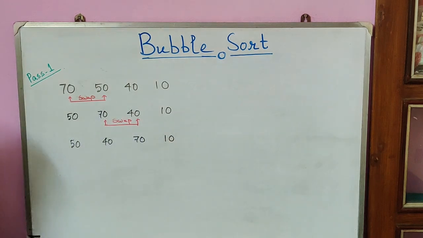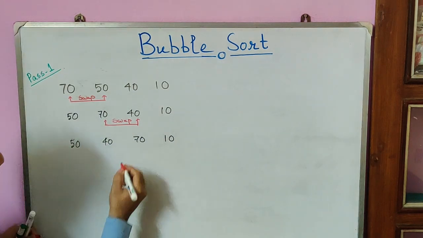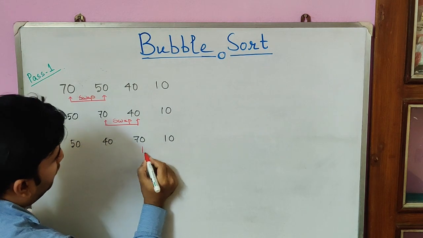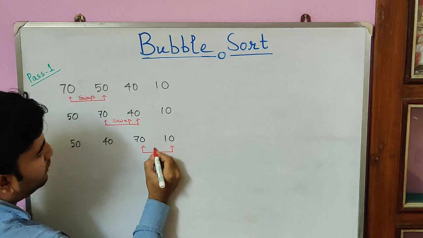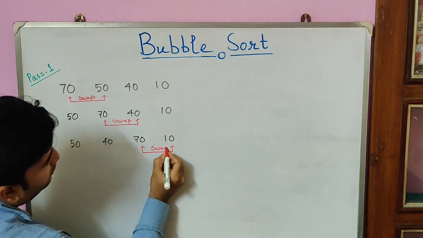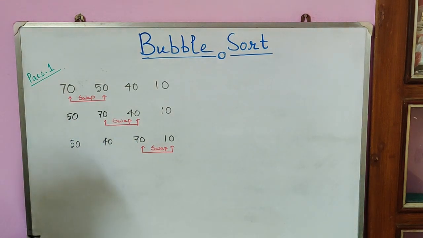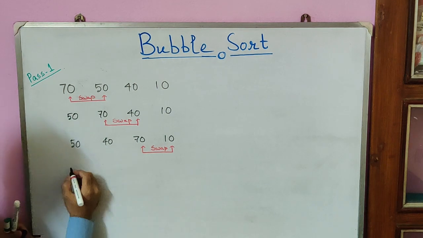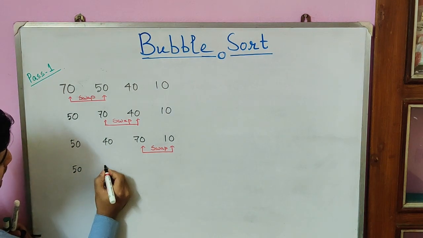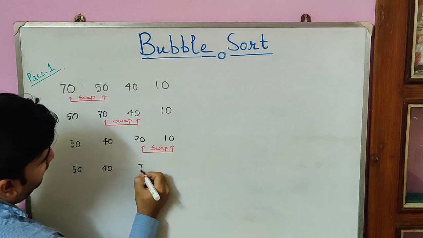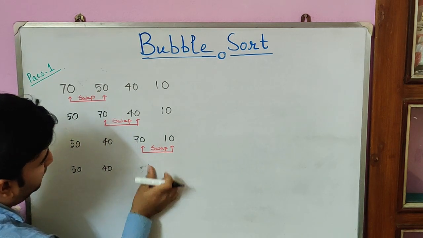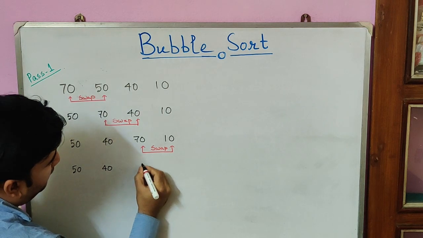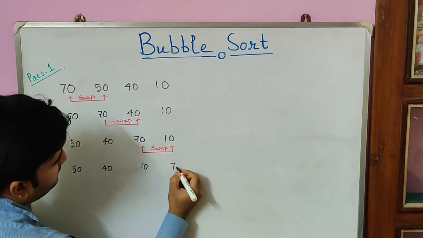Next, 70 and 10. Obviously 70 is greater, so we need to check the immediate next location, and here we will write swap. After swapping, it will be 50, then 40, then 10, then 70.